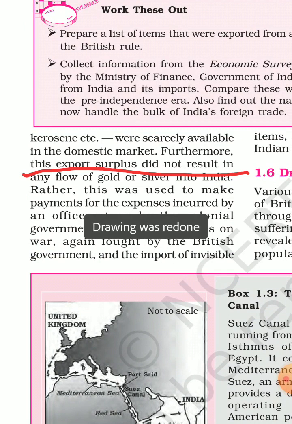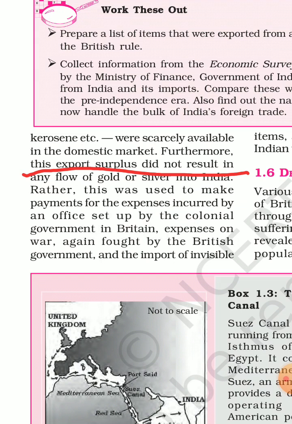Rather, it was used to make payments for the expenses incurred by an office set up by the colonial government. So the surplus, the extra money which the British used to get from imports and exports, they spent to set up their office in Britain. And what else?